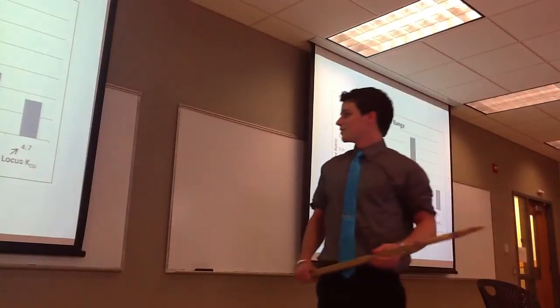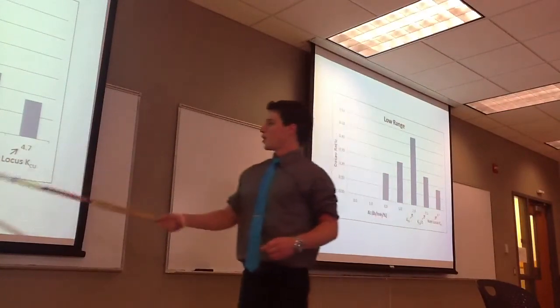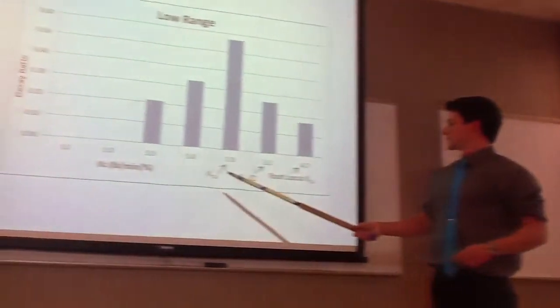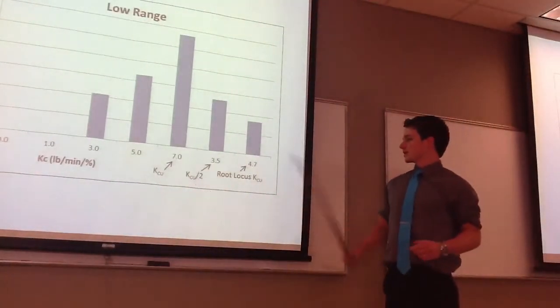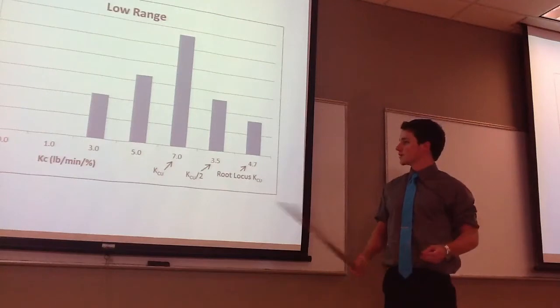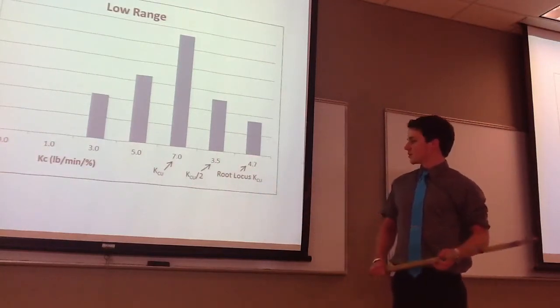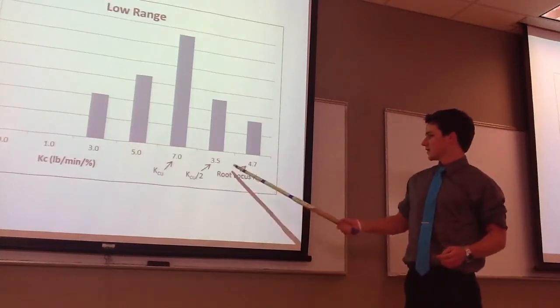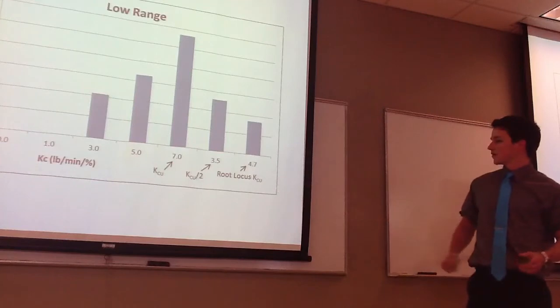And this is for the low range, and on the bottom are the values of KC, and then our ultimate gain that we found from the experiments is labeled along with the one using the tuning parameter, which is the KCU divided by 2, and then the experiment that we ran for the root locus.